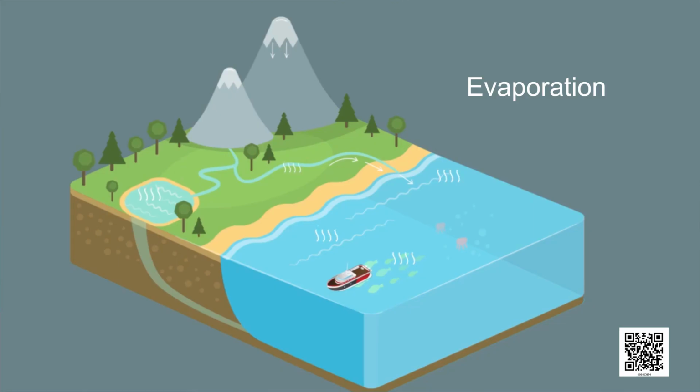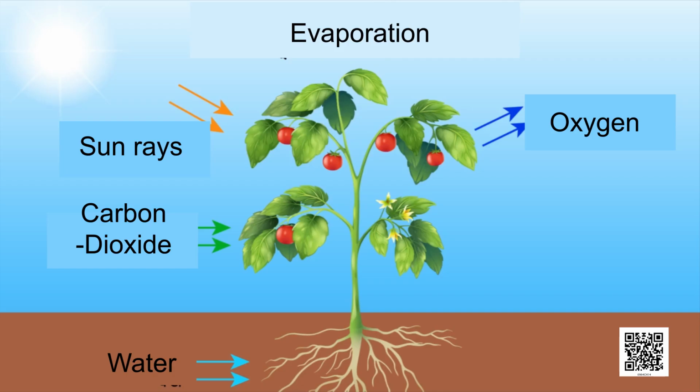Some part of this absorbed water is utilized by plants to prepare food by the process of photosynthesis, and the rest of the water is lost to the atmosphere through stomata on leaves. This process is called transpiration.